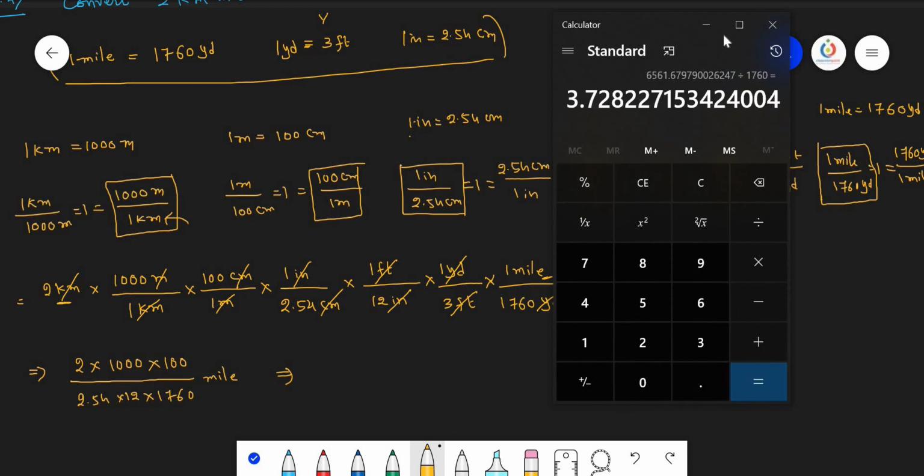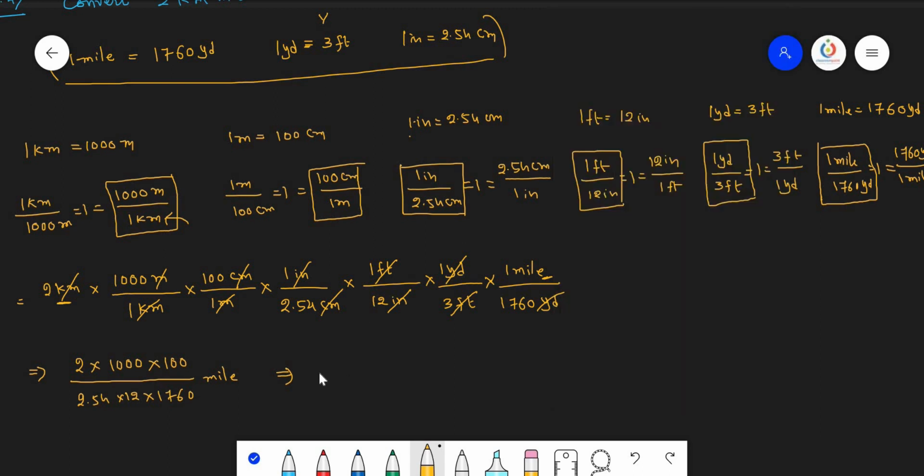So 3.728 miles. 2 kilometers is equal to 3.728 miles. Now let us see one more problem.